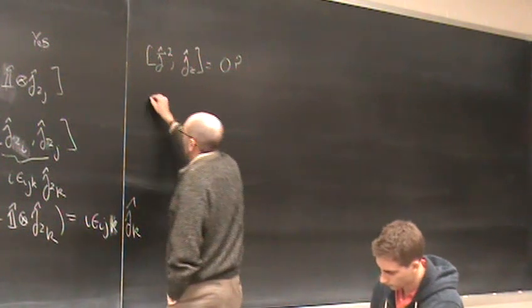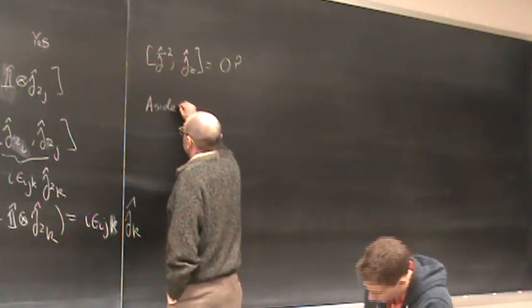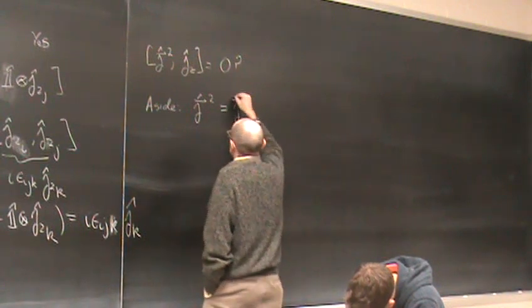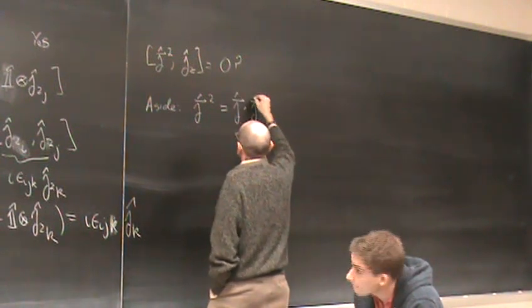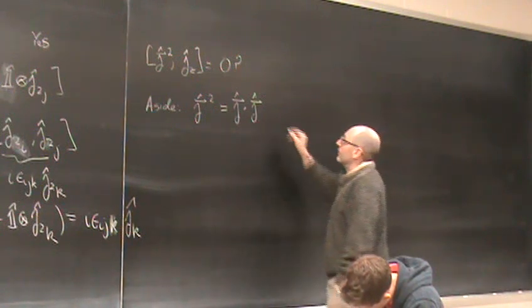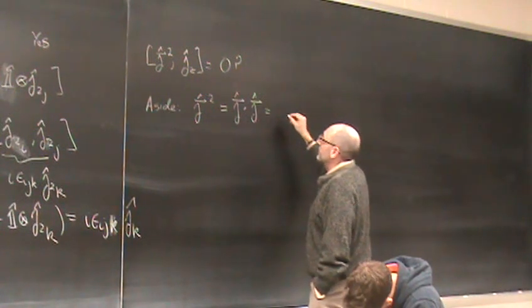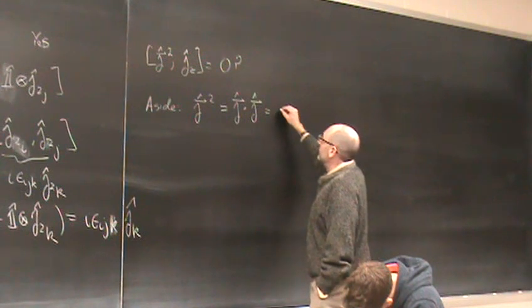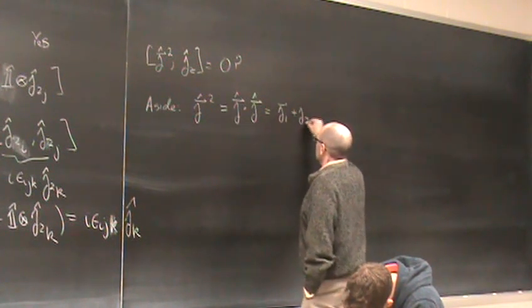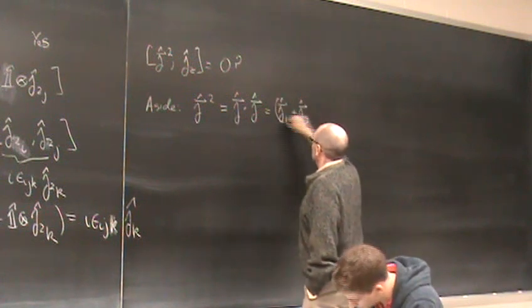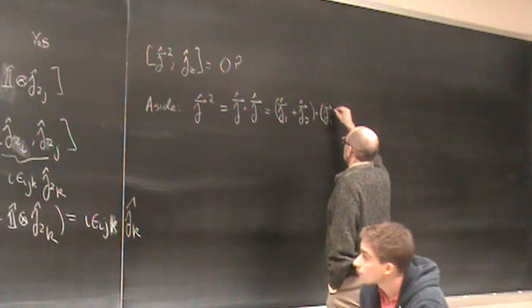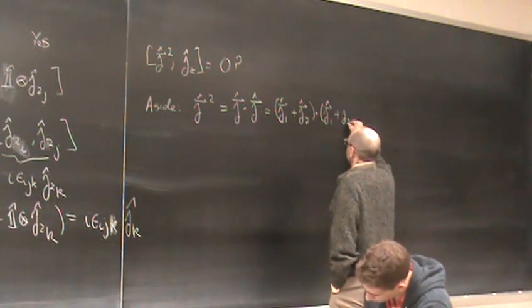So what is J squared? That's a shorthand for J dot J, which is equal to J1 plus J2 dotted into J1 plus J2.